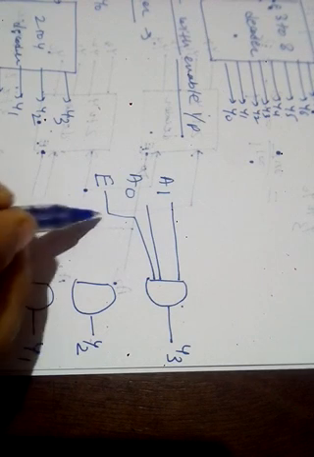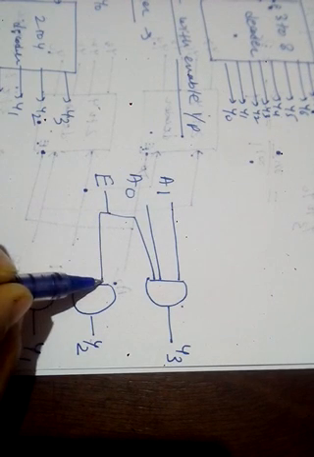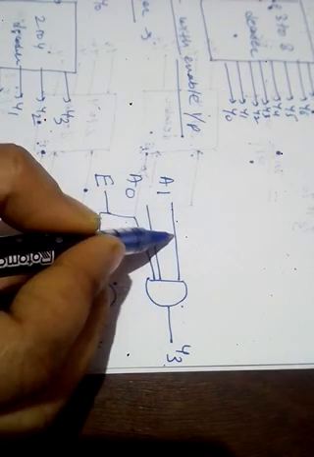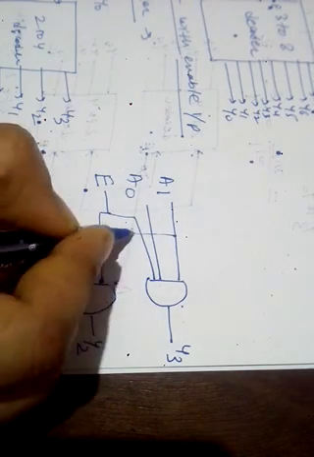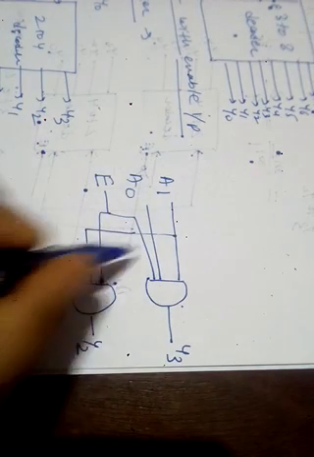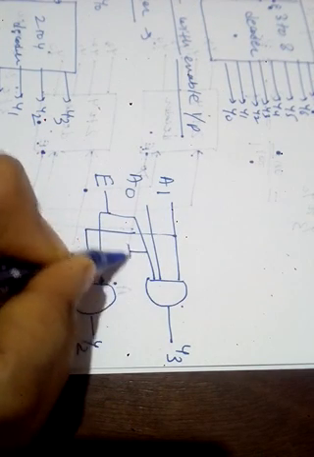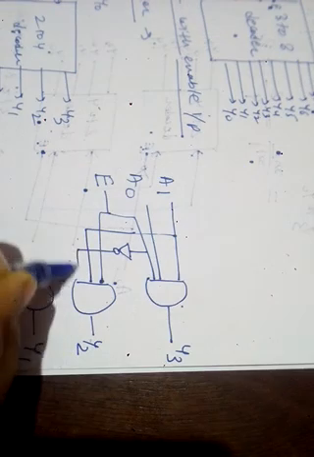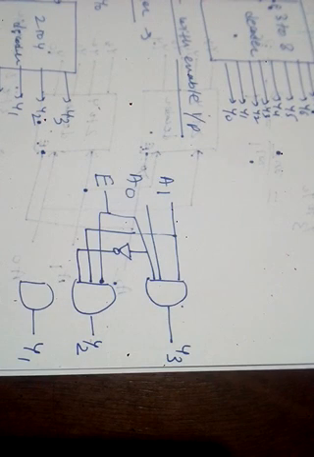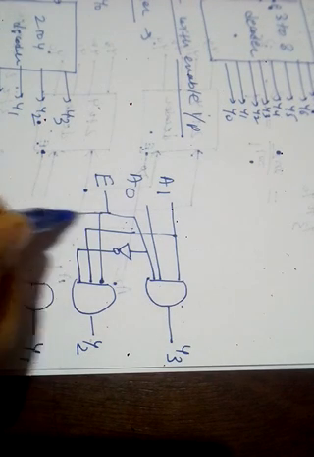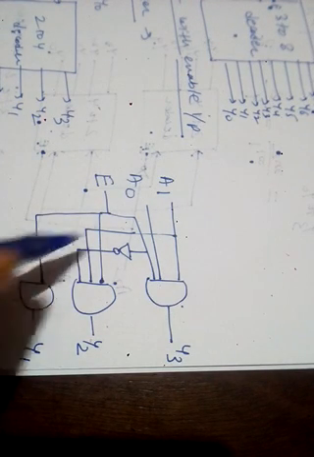Y2 is E dot A1 and A0 bar. So we will use a NOT gate here, and Y1 is E A1 bar.